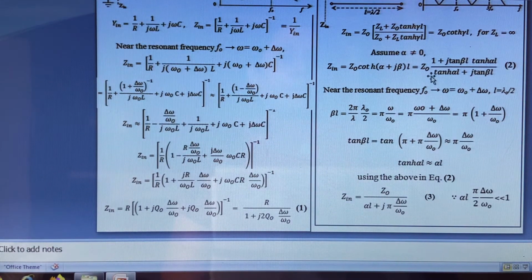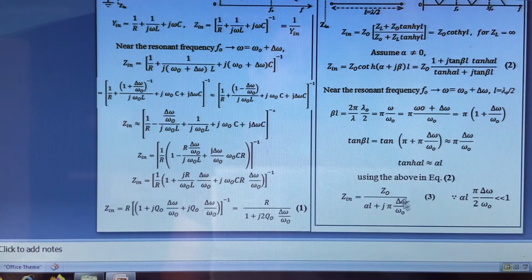Here this is Z0, and this is very small compared to this one, so the numerator is equal to 1. In the denominator we will be getting alpha L, and here it is j pi delta omega by omega naught.